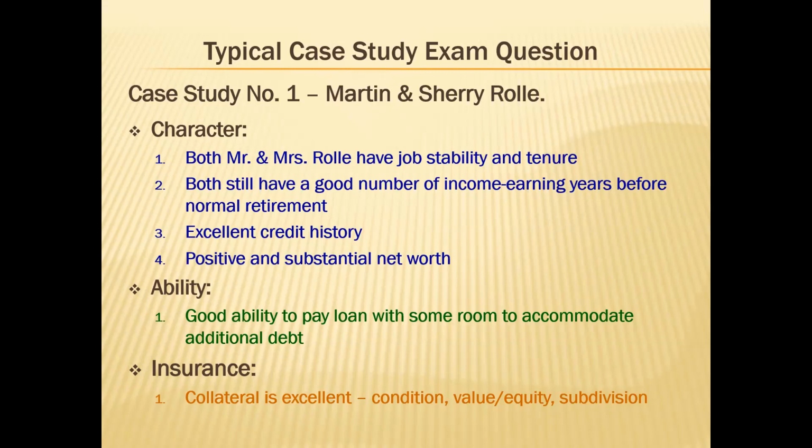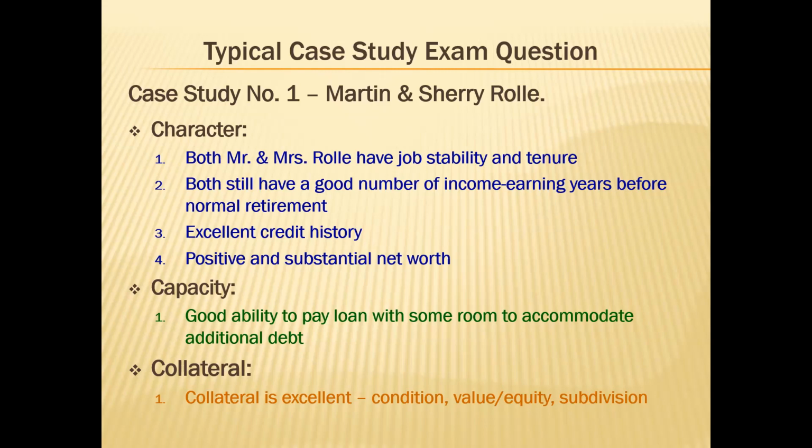And so you can choose to put one of those 4 in character, then that one there in ability, got ability to pay the loan, and the collateral is excellent, equity, subdivision, and so on, for insurance, okay? And it'll be the same thing if you choose to use the Credit C's method, character, capacity, collateral. Okay, any questions on that? I'm good, sir. Okay.